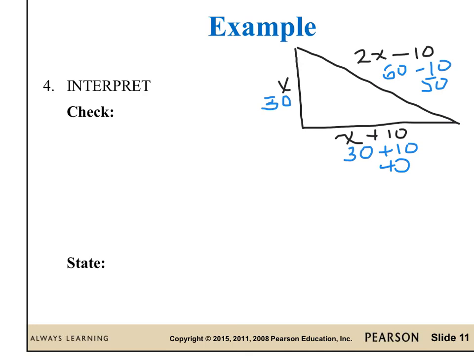So let's make sure that now that we know the value of the variables, that our formula still makes sense. So what our formula says is that 30 squared plus 40 squared should be equal to 50 squared.